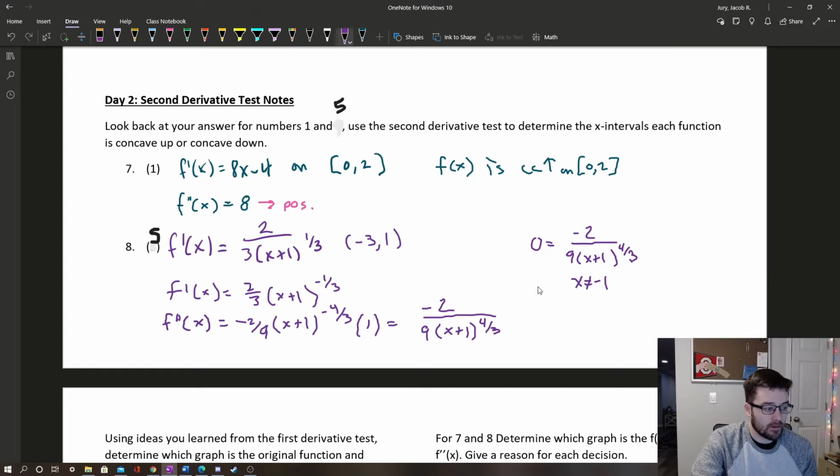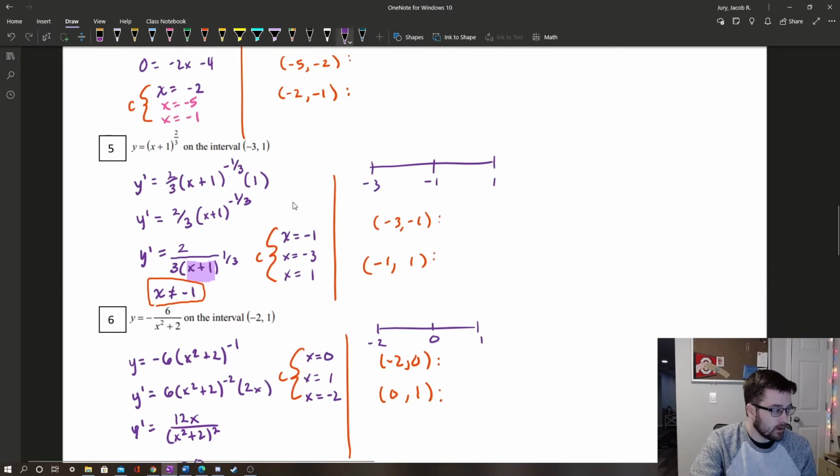We're going to get the same situation here. So if we look back at the first derivative test, we see that x can't be -1 here. So we know something funky is happening on this graph at -1.